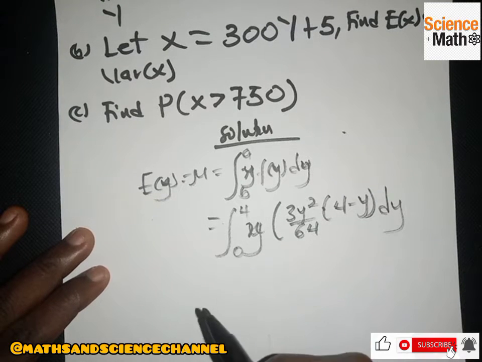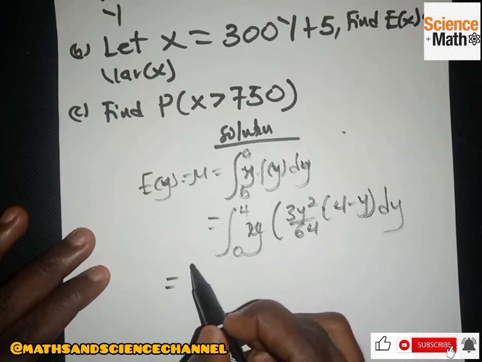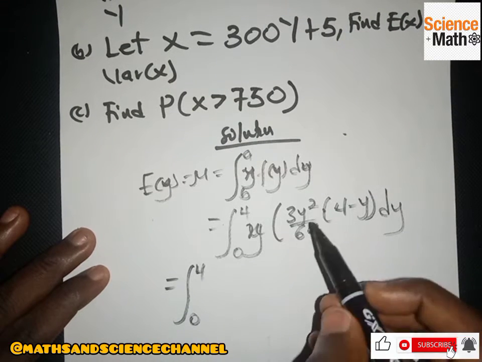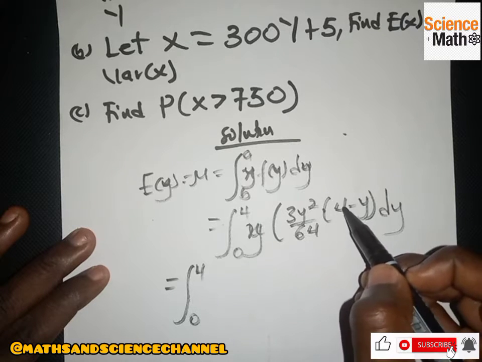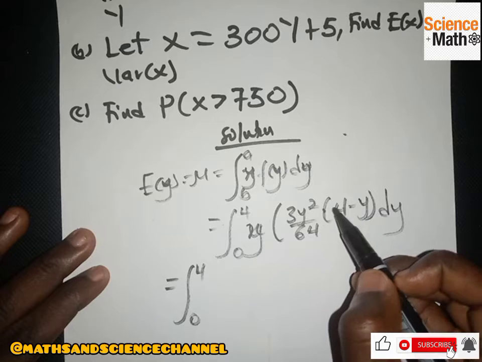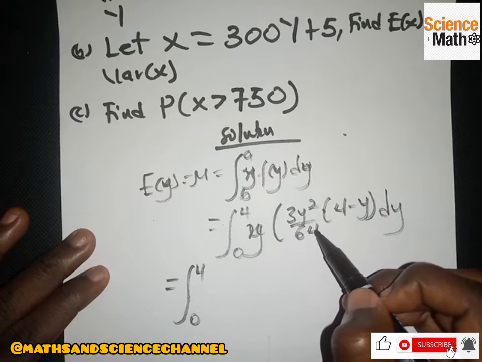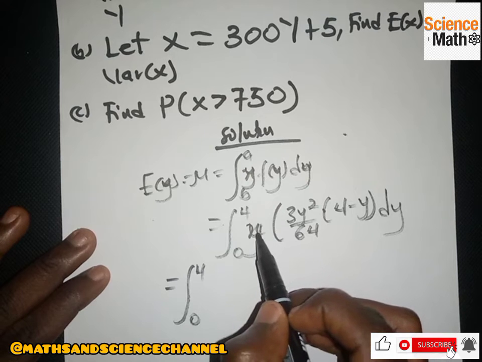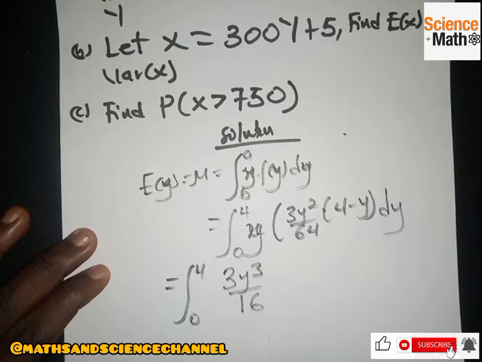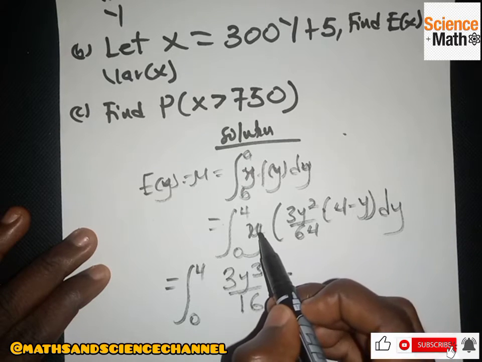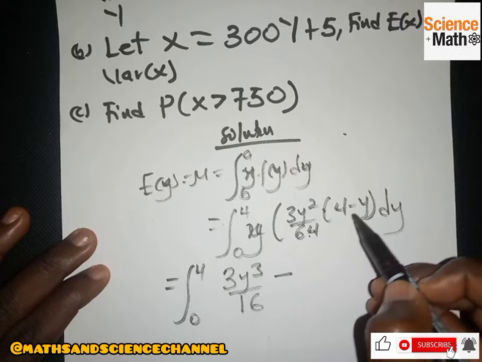From here we can simplify quickly. We have 3y squared over 64 multiplied by 4. 4 goes into 64 16 times, multiplied by y again, so we have 3y cubed divided by 16, and then minus y multiplied by that, which is 3y cubed over 64 multiplied by y squared.